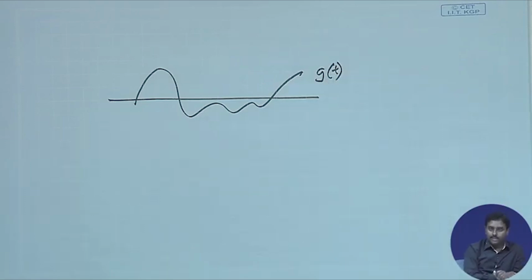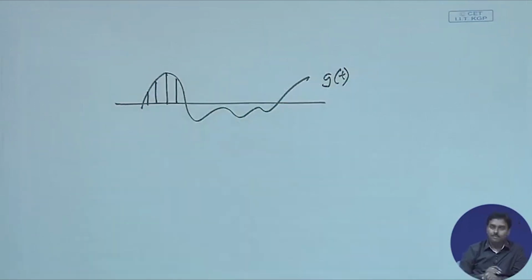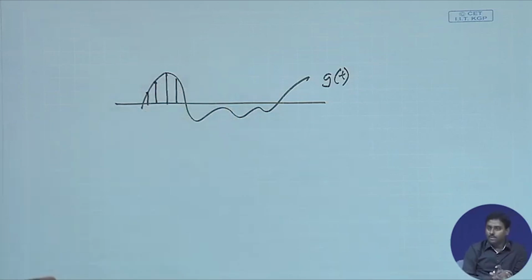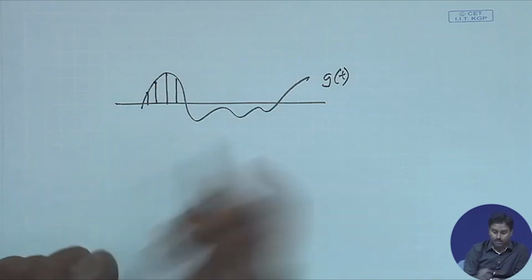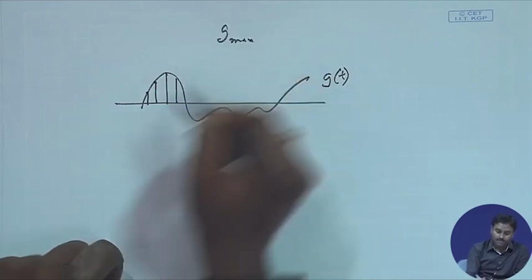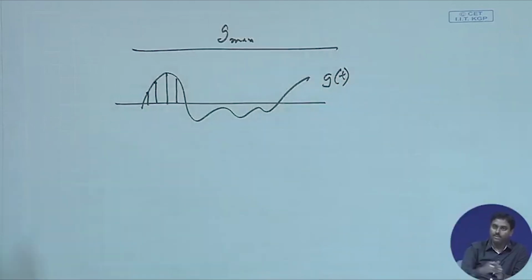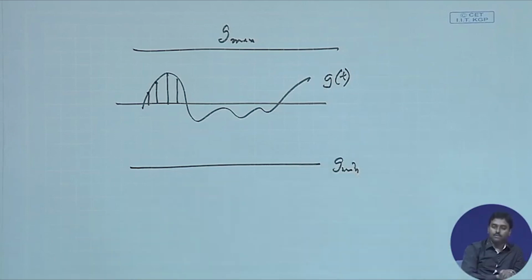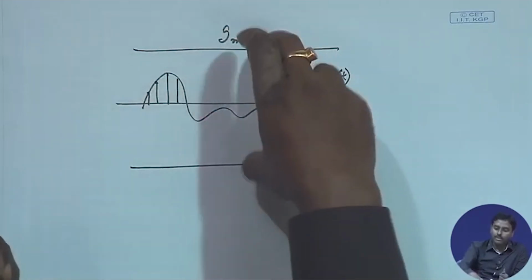What we generally do is first sample this signal, and then we note the amplitude of those samples. Then we also note what the maximum swing of this signal should be. So we know the maximum, g max or amplitude max, that it can go up to if I run the signal for the entire duration, and the g min of the signal. If you know this range, then we know that whatever samples we take will be within this range.